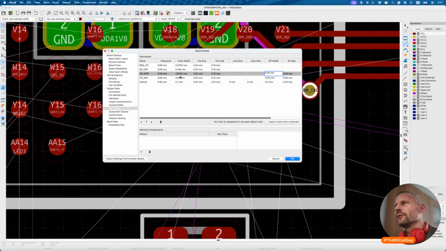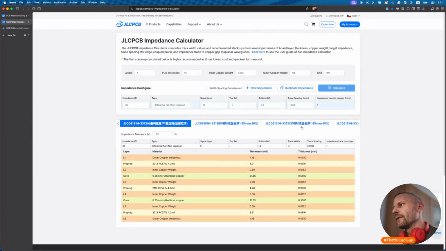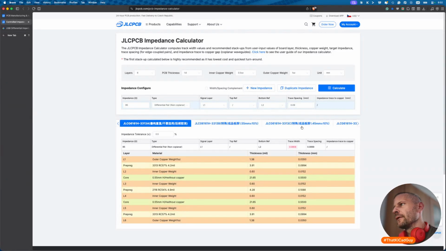Yeah, only for fanouts, not for the entire track. That's bad. What says the calculator? 0.09, which is maybe higher impedance because the track is narrow. Yeah, the wider track means lower impedance, 90.